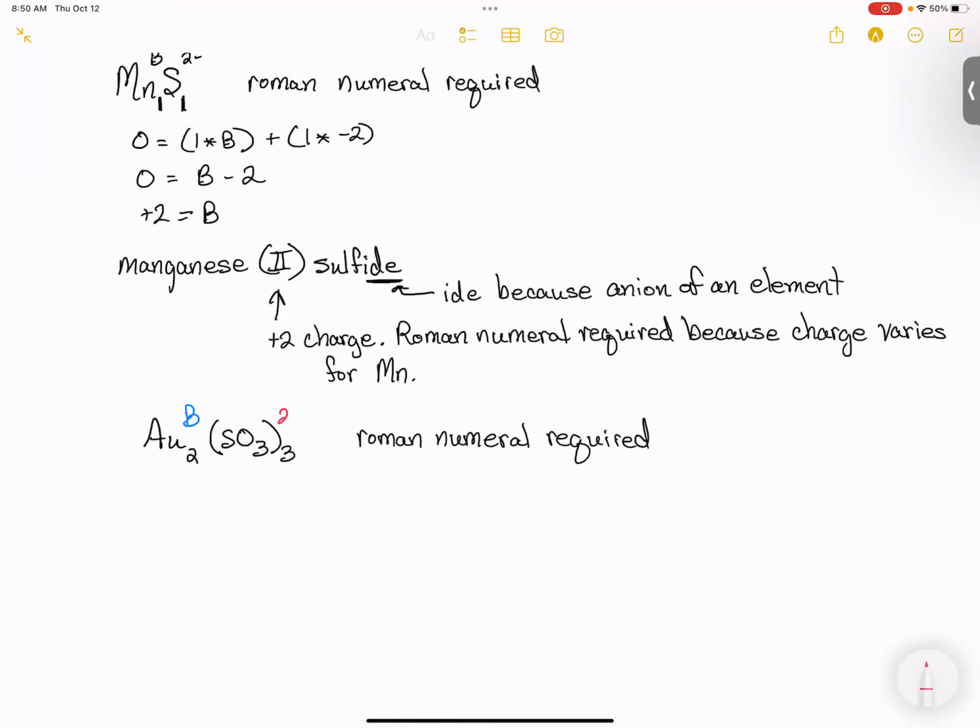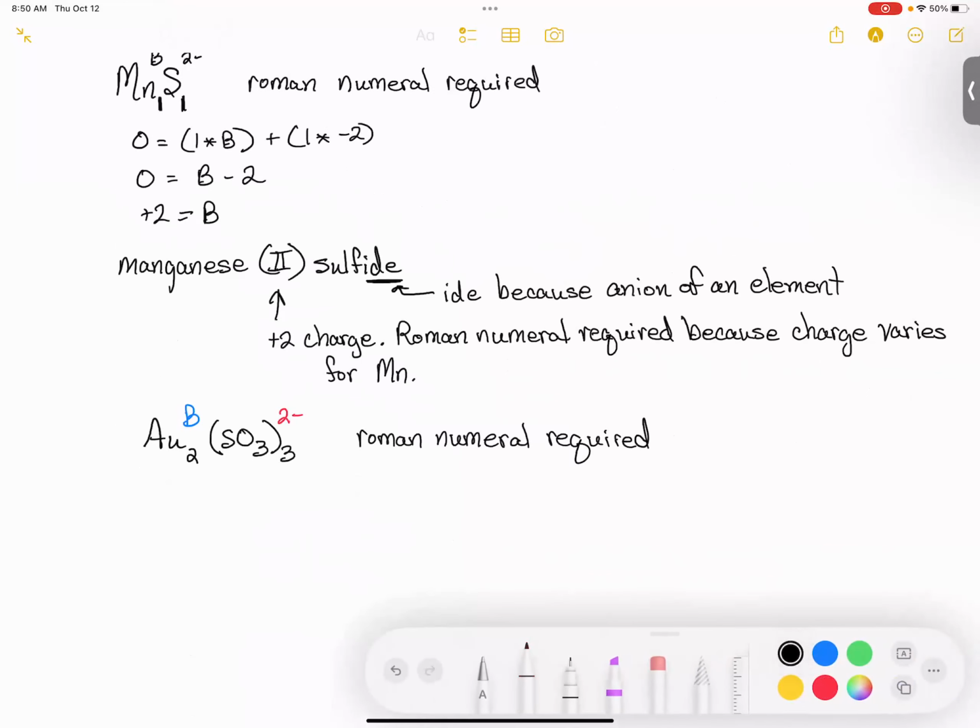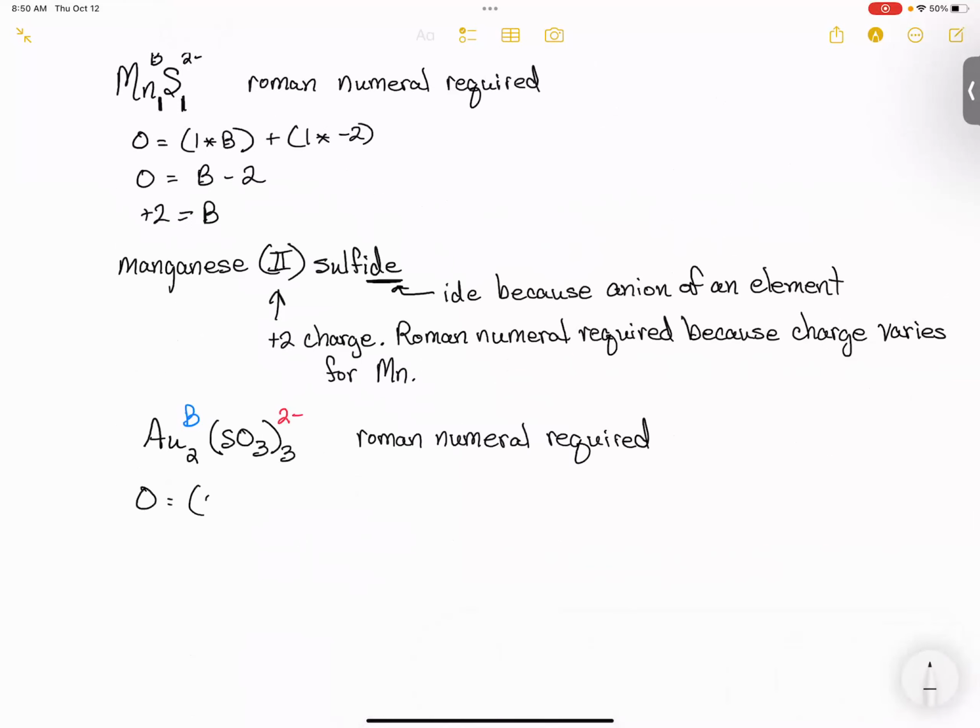It's a 2 minus. So 0 is equal to 2 times B plus 3 times a minus 2. 0 is equal to 2B minus 6. 2B equals 6. B equals 3.